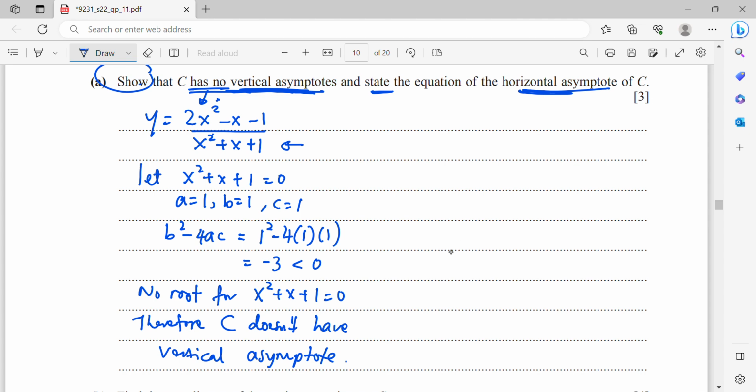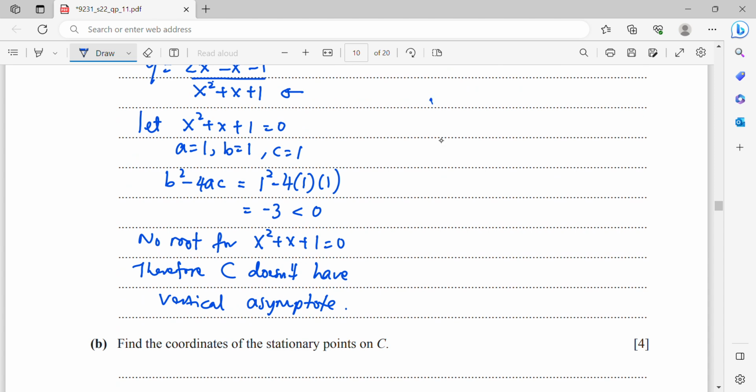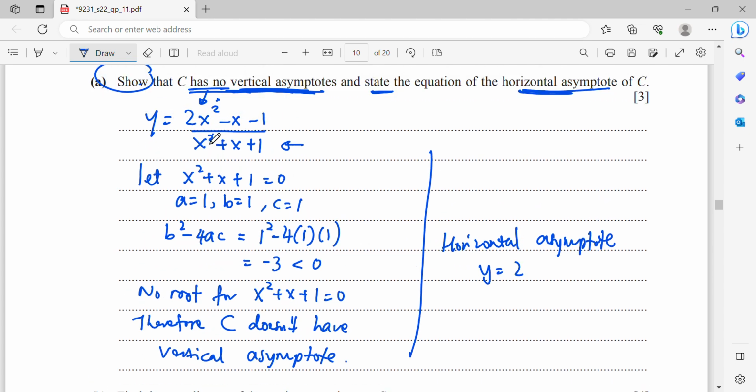So the horizontal asymptote is y equals 2, because it has the same highest degree for the numerator and denominator. Alright, so that's the solution for A.